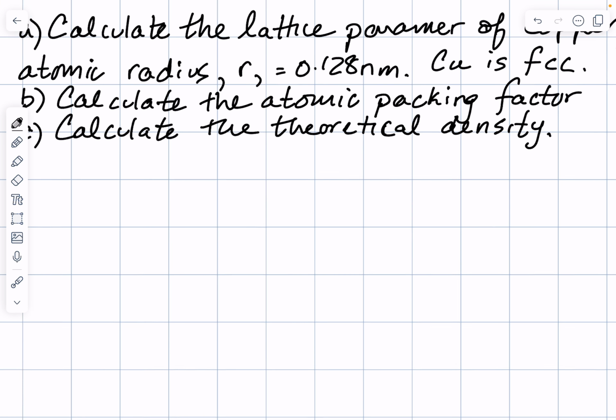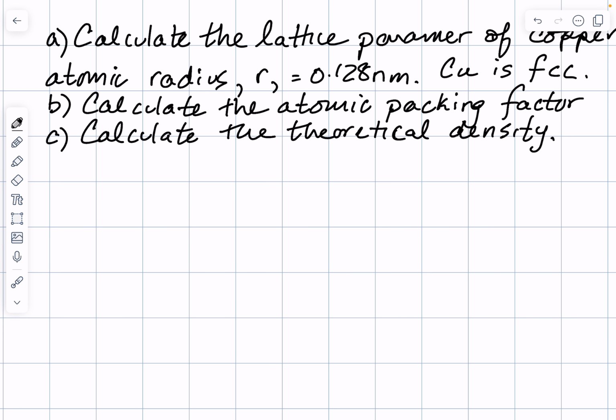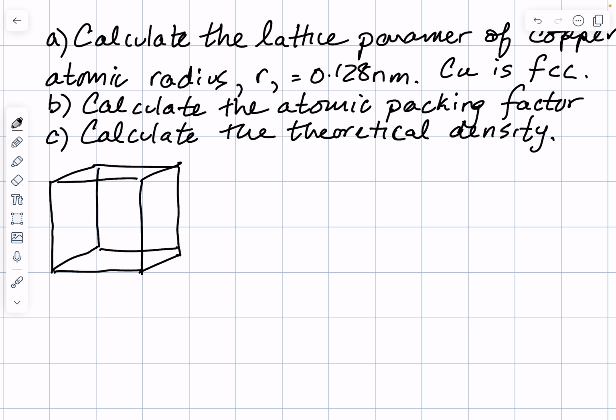So let's get started. I'm going to begin by just drawing a unit cell for copper and indicating, as the problem has told us, that it is face-centered cubic in terms of its crystal structure. FCC stands for face-centered cubic, and the name describes exactly what it is.